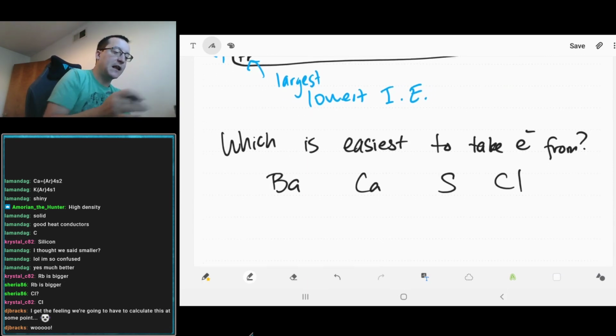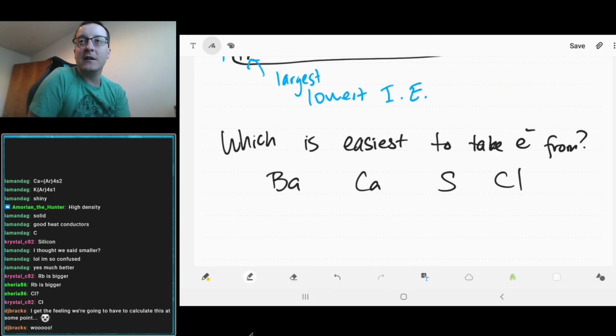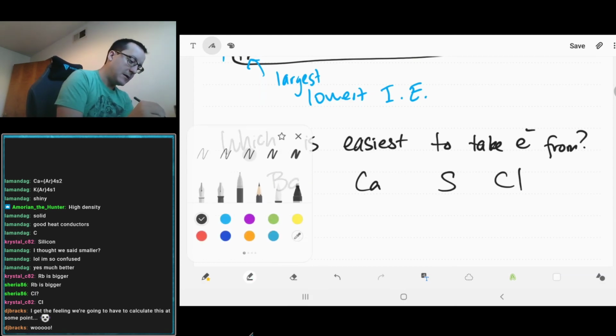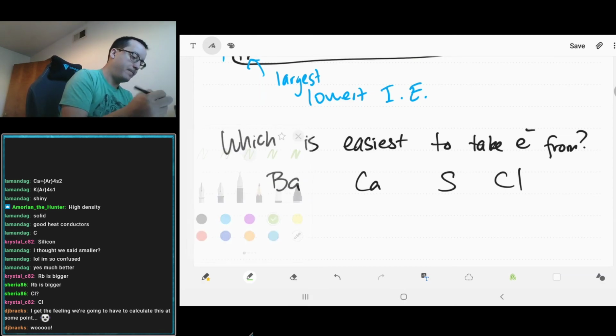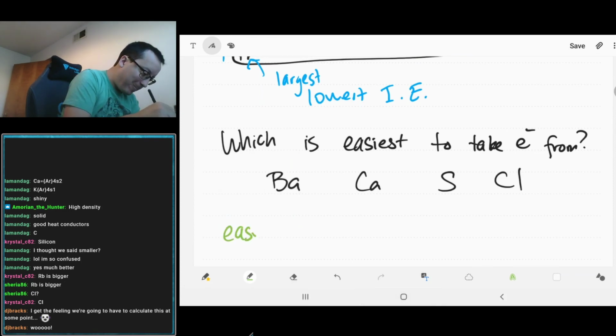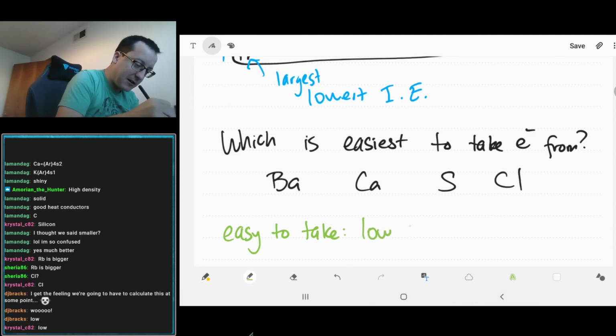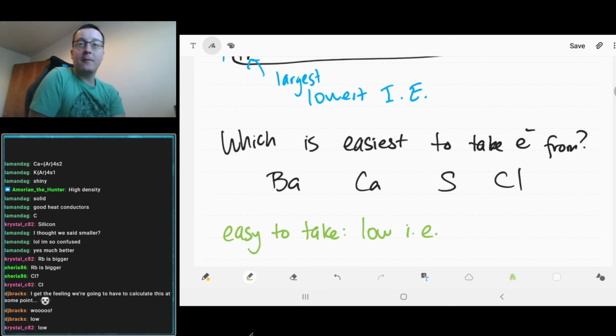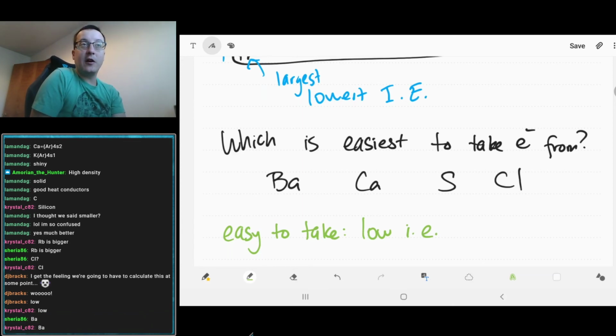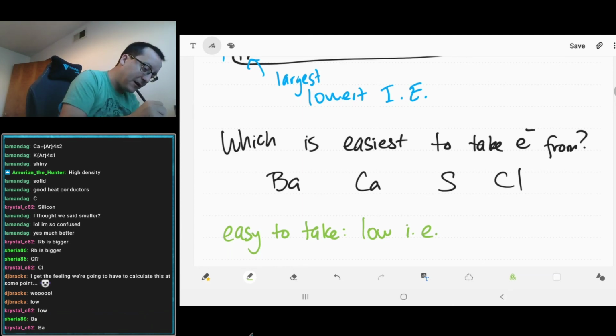Easy to take electrons. What does that mean? Does that mean low ionization energy or high ionization energy? This means low ionization energy. Exactly. You guys are on top of it.